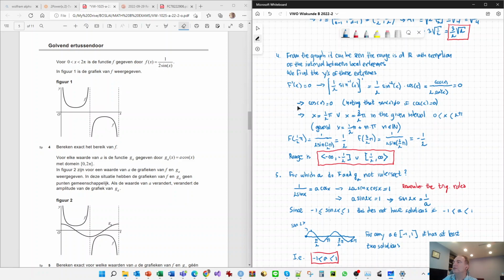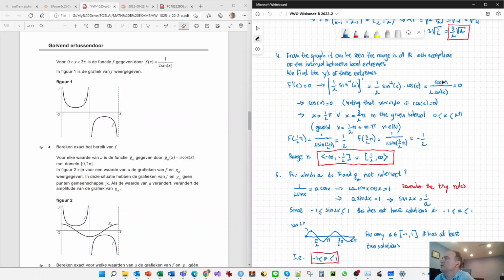So we can use the chain rule again to calculate the derivative. Write it in the form of sine to the power minus 1 of x. The function 1 over x has the derivative 1 over x squared, or x to the power minus 2, so it becomes sine to the power minus 2. And then you still have to multiply by the derivative of the sine, which is the cosine of x.